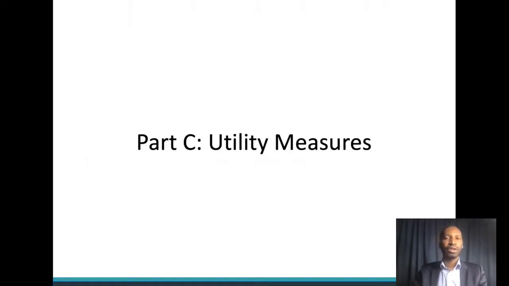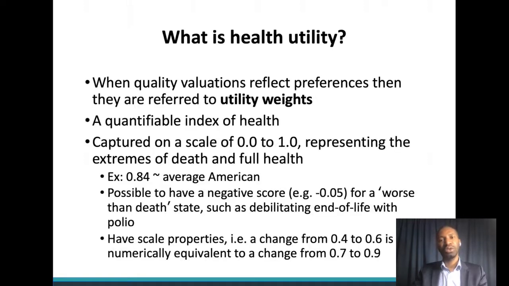This brings us to part C, the different types of utility measures. So what is a health utility? When quality valuations reflect preferences, then they are referred to as utility weights. These are quantifiable indices of health, captured on a scale of 0 to 1 and representing the extremes of death and full health.